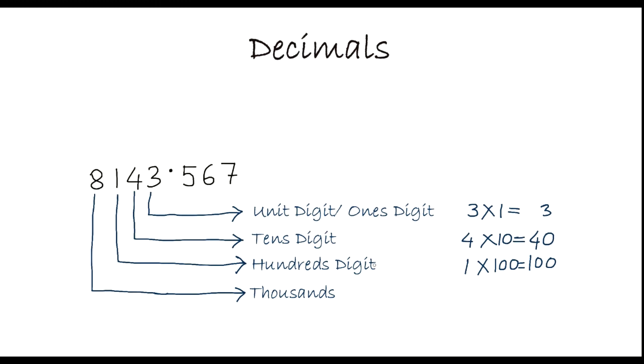So let's do it. 8 multiplied by 1000, and the result will be 8000. These are the values for the digits before the decimal point, and after the decimal point we have another 3 digits.